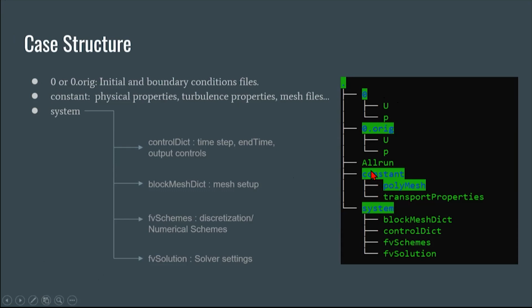The constant folder contains the physical properties, transport properties, and turbulence properties files. And the system folder contains the controlDict, blockMeshDict, fvSchemes, and fvSolution. These are the settings of our simulation that we assign in the system folder. The layout of the files is similar to the previous cases that have been demonstrated.